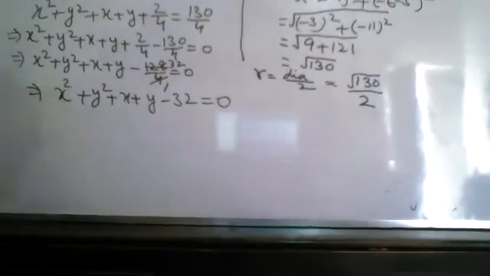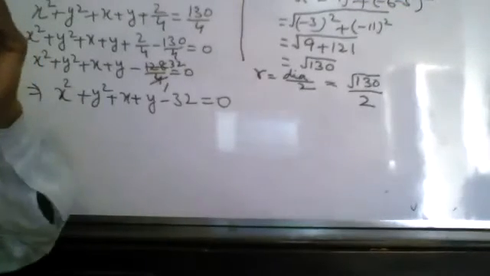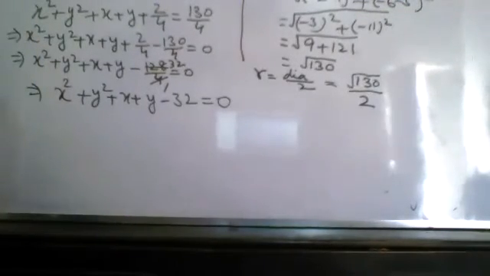Okay, question number 10. Have you understood this question? In this question, first we find the center by using the midpoint formula, (x1 plus x2 upon 2, comma y1 plus y2 upon 2). In this way, we will find the coordinates of the midpoint, which will be the center. After that, we will find the diameter by using the given 2 points.